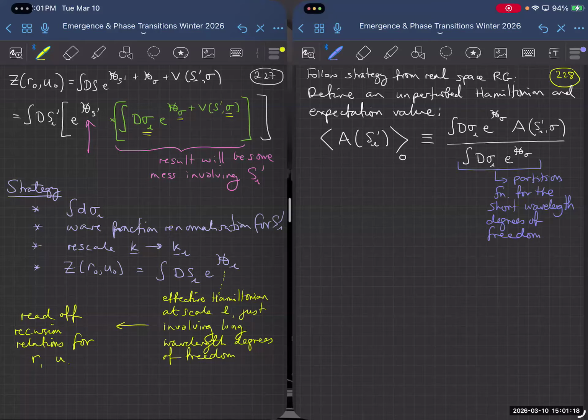And because we're integrating from lambda over L to lambda, a finite range of wave number space, this thing is going to be finite. So that's going to be just some number.